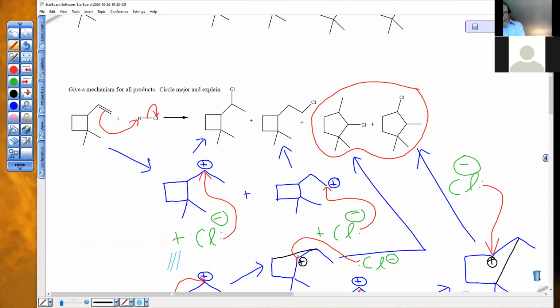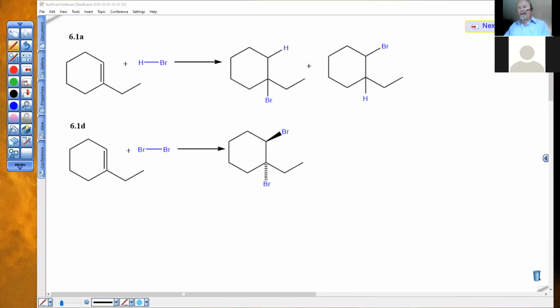So we have that, and now we're going to move on to a final topic for today, which we will continue on Wednesday. The top reaction is a reaction we saw before. The alkene pi electrons attack, making two carbocations.